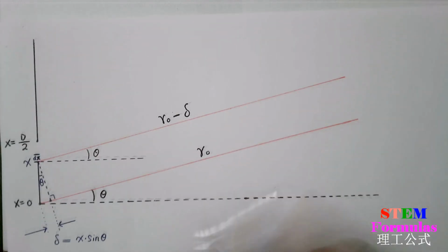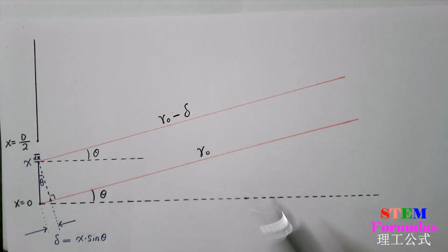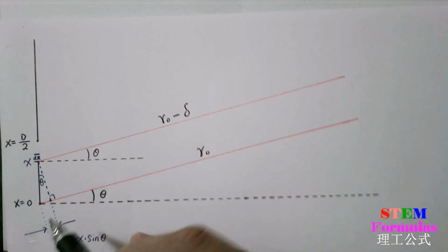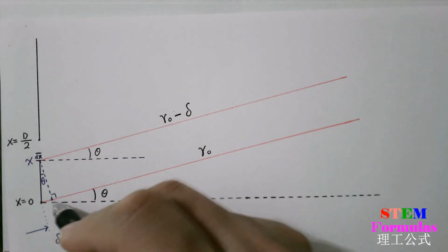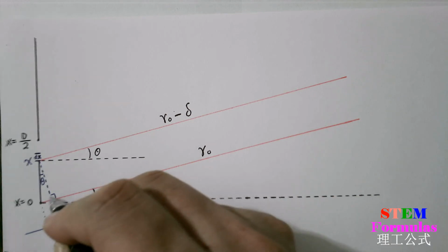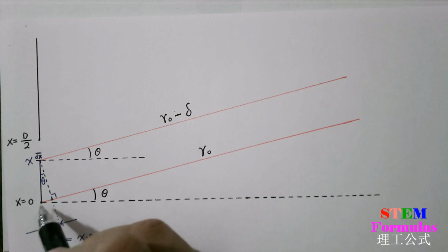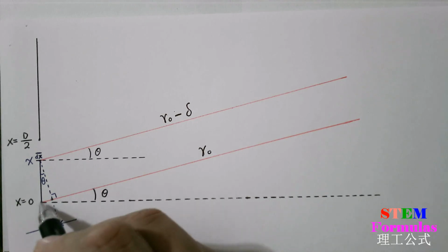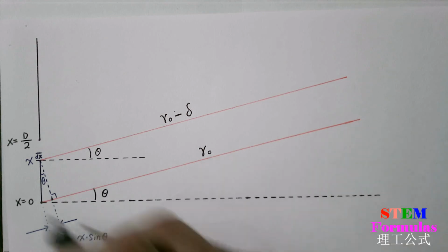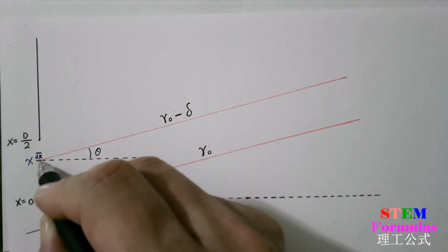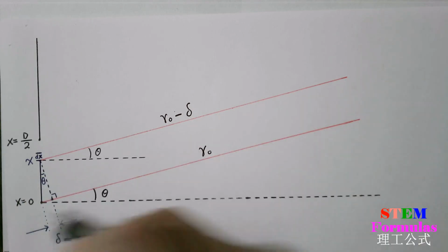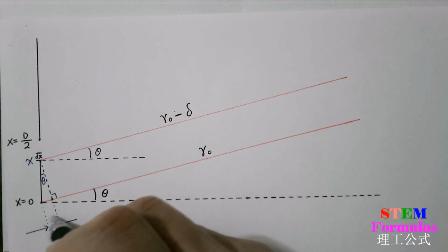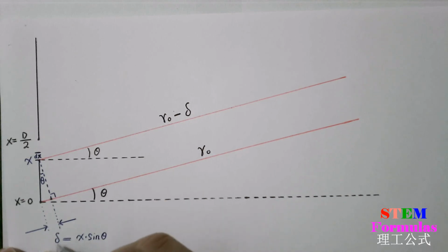So as I said, all these lines are parallel. Therefore, if I draw a vertical line perpendicular to this red line, this is 90 degrees. Now, the distance from x0 to y equals R0. The distance from x to viewing point y equals R0 minus this piece of length, and this piece of length I define as delta.